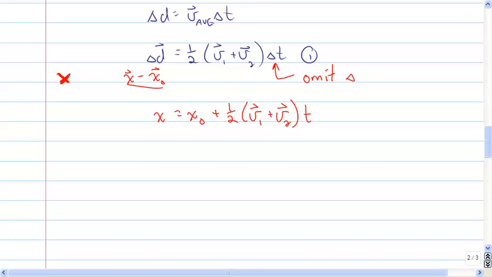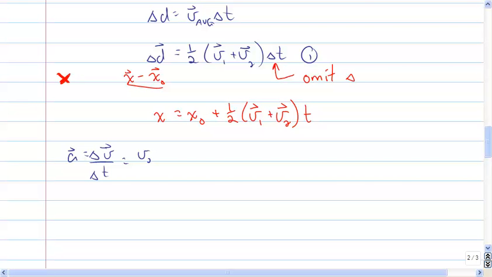Okay, so we'll move on to equation number 2. If I take equation number 2, and I recognize that to get equation number 2, I'm going to have my acceleration again is delta v, change in velocity over change in time.